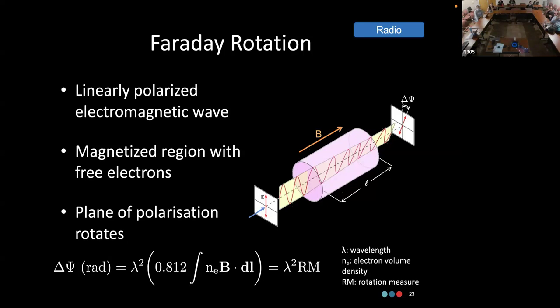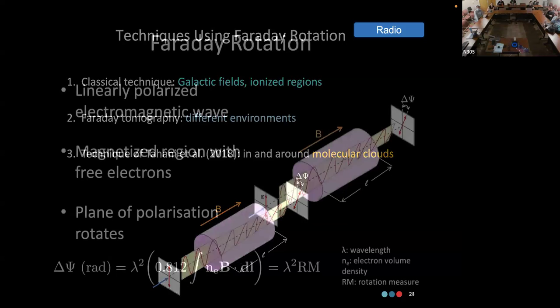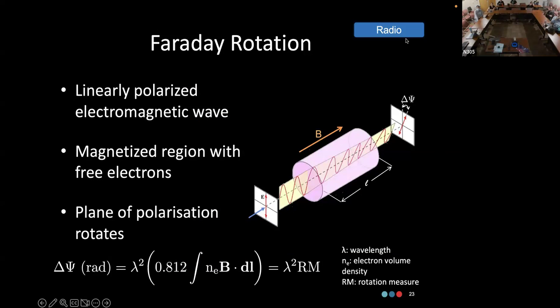The amount of rotation is given by this formula, where lambda is the wavelength of the electromagnetic wave, E is the electron volume density, B is the magnetic field in the region, and L is the path length. The quantity in parentheses is known as rotation measure. So if we have information about rotation measure, we can get information about magnetic fields.